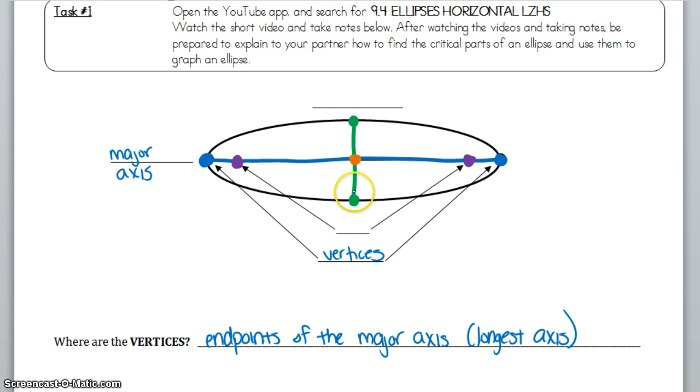Next, let's look at the shorter green axis. The shorter axis is called the minor axis. The endpoints of the minor axis are called co-vertices.